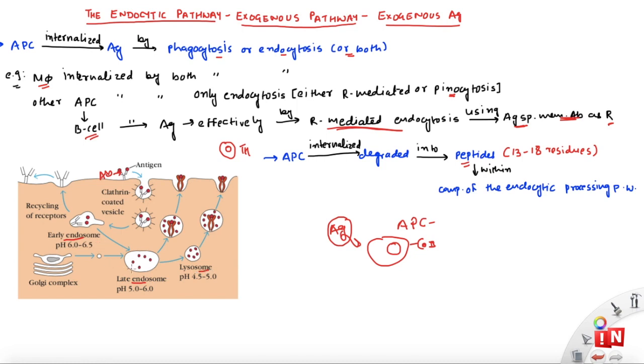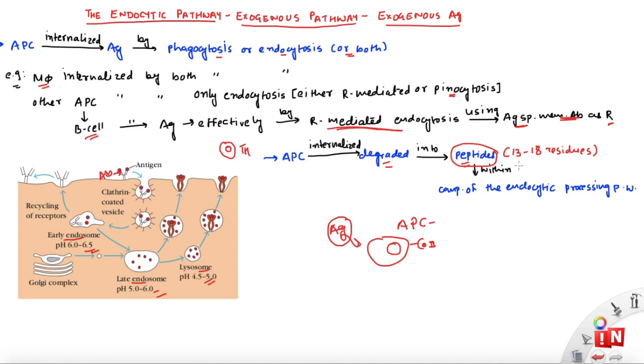As it goes on, the acidic condition in the compartment increases. You see the pH is decreasing, that means the acidic condition increases. And this acidic condition is what causes the degradation of the antigen into peptides.